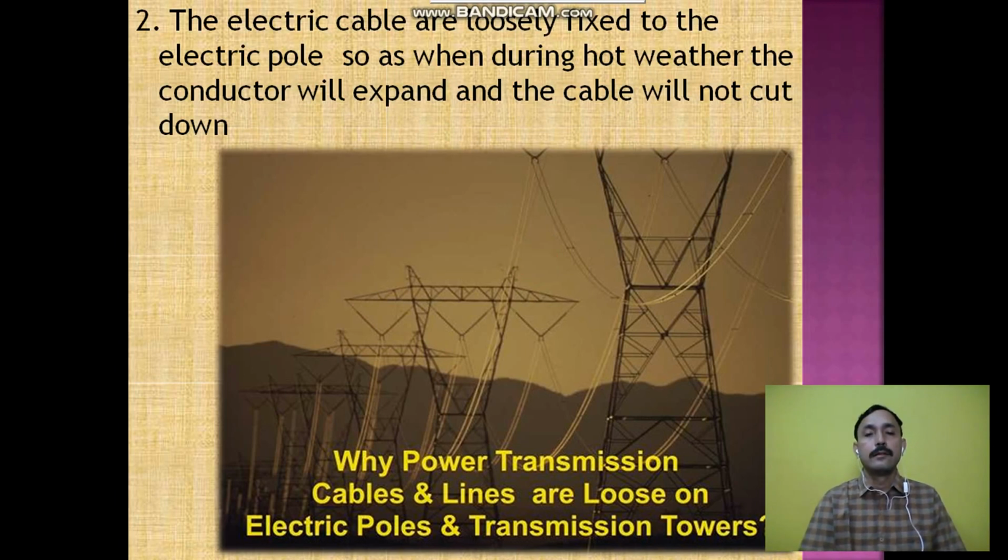We have seen the power transmission cables and lines. These are hanging like this between the two poles and transmission towers. The electric cables are loosely fixed to the electric pole, so that during hot weather the conductor will expand and the cable will not be cut.